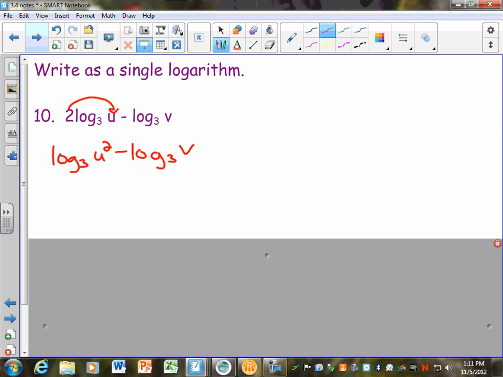If you write log more than 1 time, you haven't simplified it all the way. So I'm going to write log base 3 of u squared divided by v. And that's it. If you can simplify more, you can. But in this one, we can't do anything with u and v. And as we get into section 3.5 and solving equations, if we can get 1 logarithm, that makes our life a lot easier.